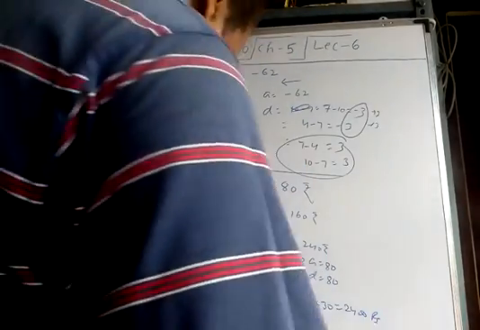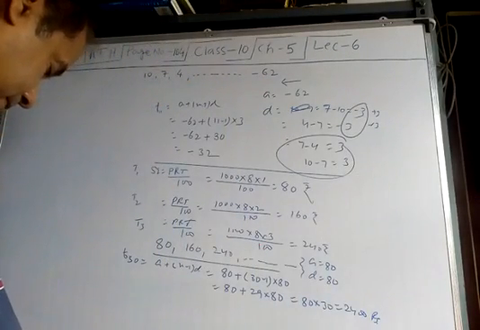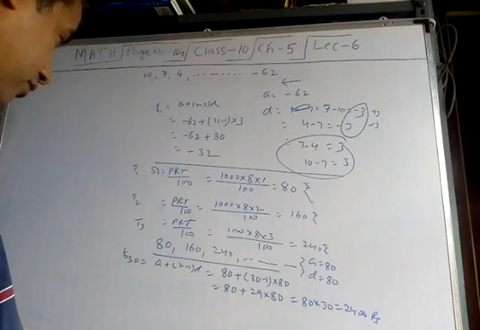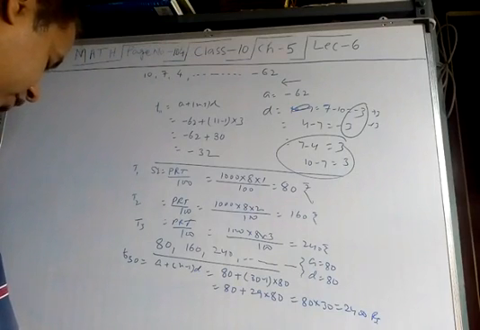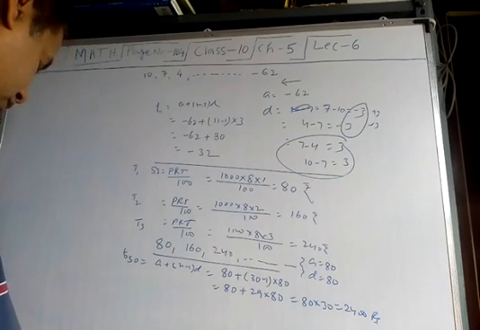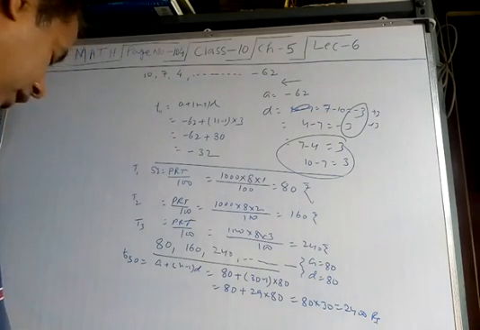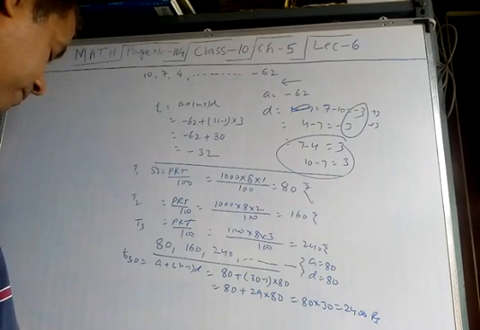Example number 10. In a flower bed, there are 23 rose plants in the first row, 21 in the second row, 19 in the third row, and so on. There are 5 rose plants in the last row.